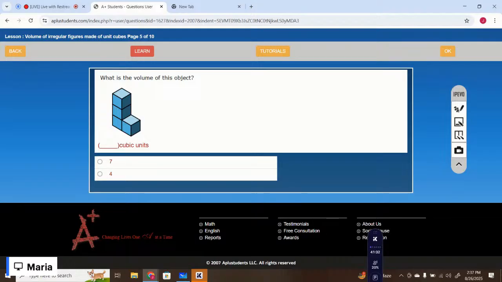What is the volume? 4 it is. The correct option is 4. Option number 2 is the correct option.